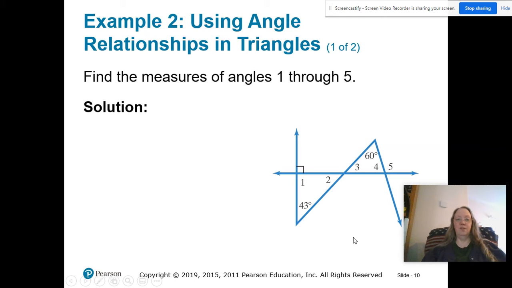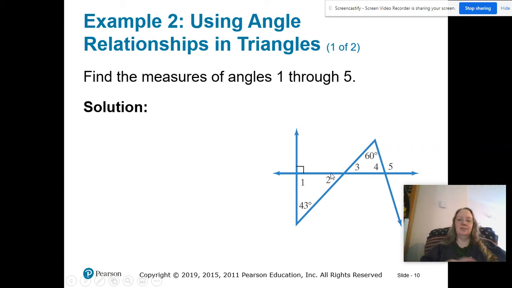Okay, so we need to find the measures of angles 1 through 5. Whenever you're given a situation like this, what you're going to do is see if you can find any of the triangles where you know 2 of the 3 angles, okay? This triangle, they did not give us 2 angles. This triangle, they also did not give us 2 angles.